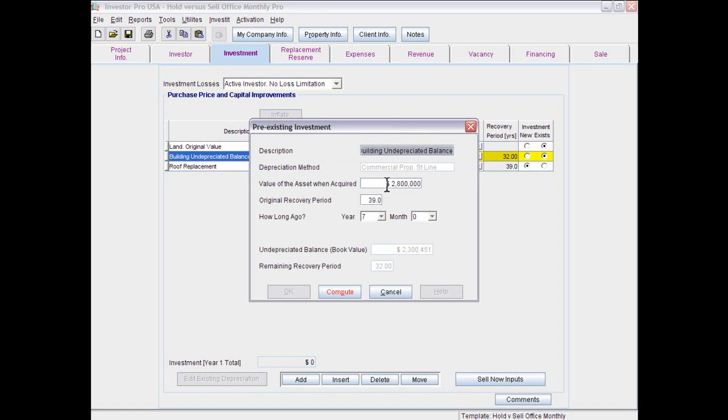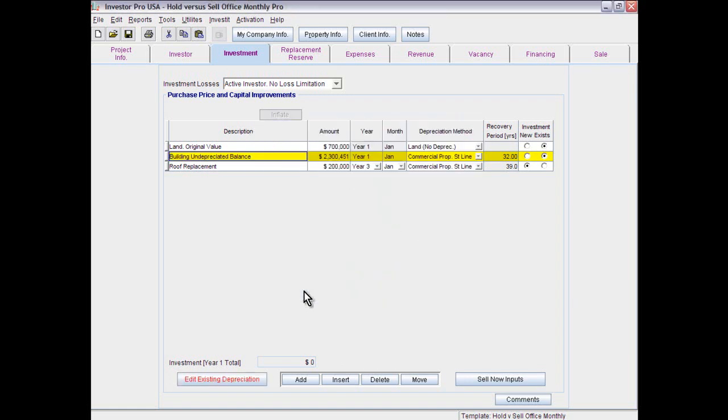The value of the asset when it was acquired was $2,800,000. It was 7 years ago, and if we hit the compute button, it calculates the current book value and sets up the remaining depreciation claims.